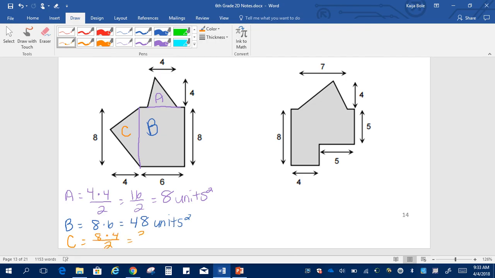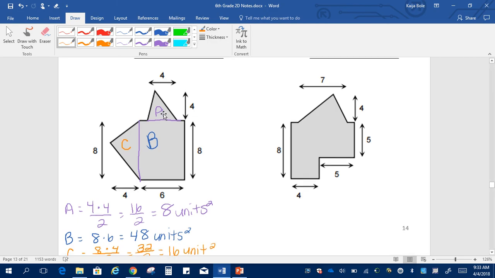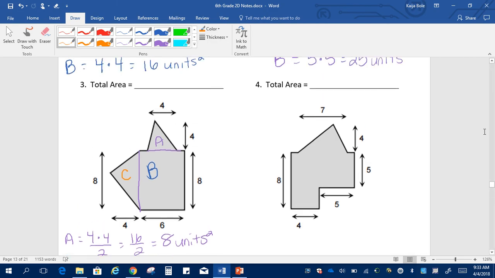So we end up with 32 divided by 2, which gives us 16 square units. Now if I go back up to where I'm going to put my answer, we're going to add 8 plus the 16 plus the 48, and we end up with 72 square units.